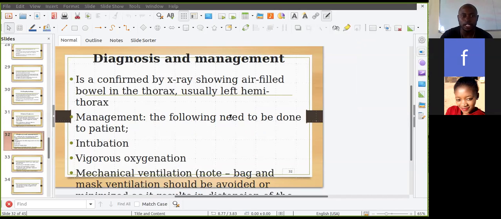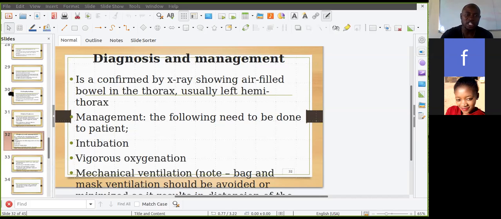Diagnosis and management. It is confirmed by X-ray. When you do an X-ray, there will be air-filled bowel in the thorax, mostly found in the left hemithorax. You can also do intubation of this newborn, thorax oxygenation, and mechanical ventilation.